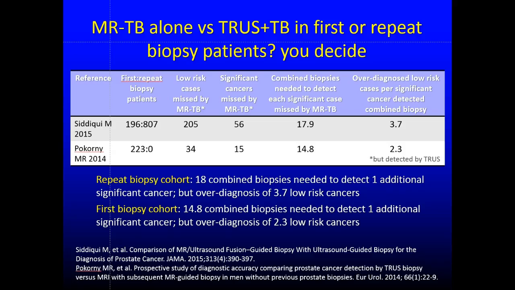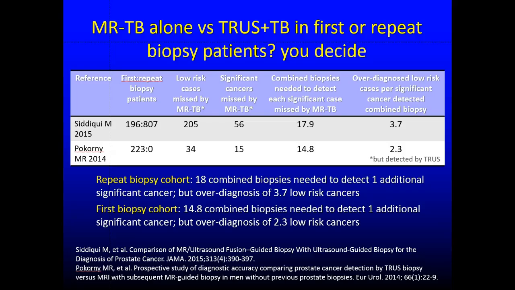in different populations? Now, it turns out that if you look at the paper by Siddiqui, which was published in JAMA last year, well over 1,000 patients, you would need to do 18 combined biopsies to detect one additional significant cancer.